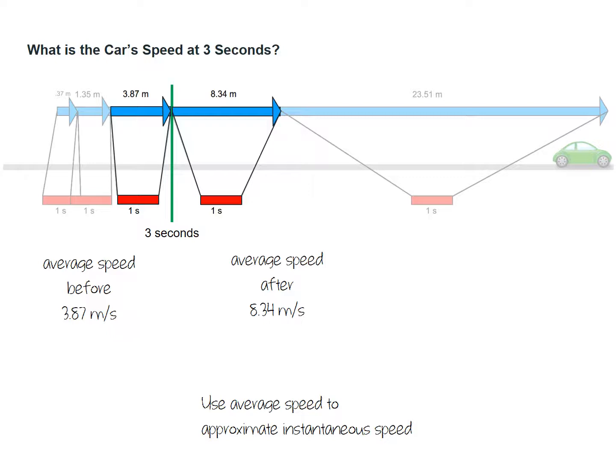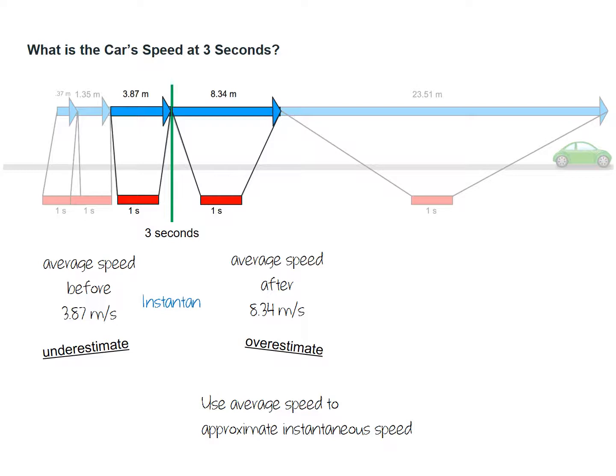So the average speed over any interval of time before the 3-second mark must be less than the speed right at 3 seconds. This means that the first average speed is an underestimate of the instantaneous speed at 3 seconds. And by the same reasoning, the car's average speed after the 3-second mark is larger than the speed right at the 3-second mark. So the second average speed is an overestimate of the instantaneous speed right at 3 seconds.